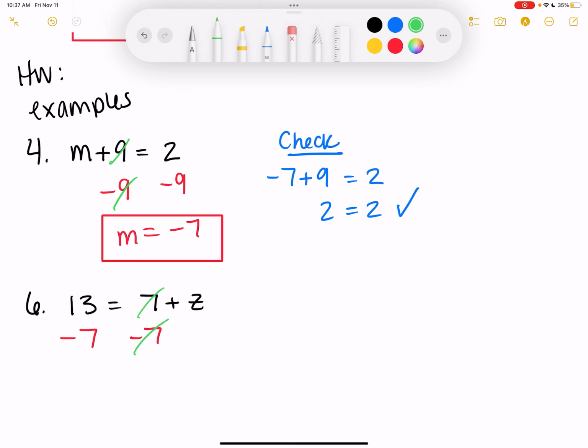And then it's 13 minus 7. Your number's right, but what sign is on it? Positive. Yep. So 13 is bigger, and since it's positive, it's positive. So 6 equals z.